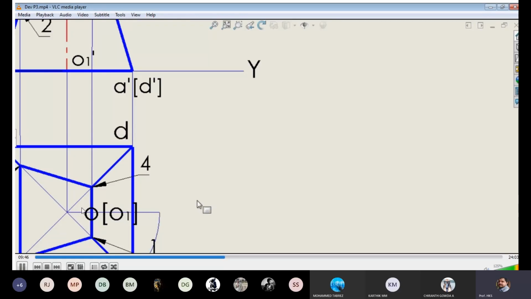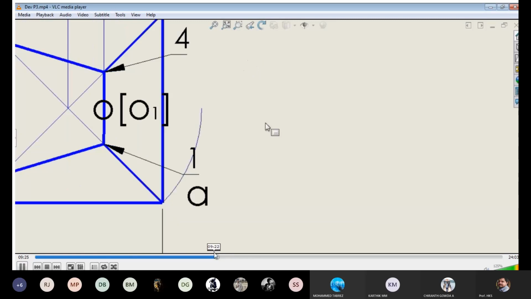First draw a horizontal line. Then consider O as center and OA as radius, and draw an arc till that horizontal line, like this.